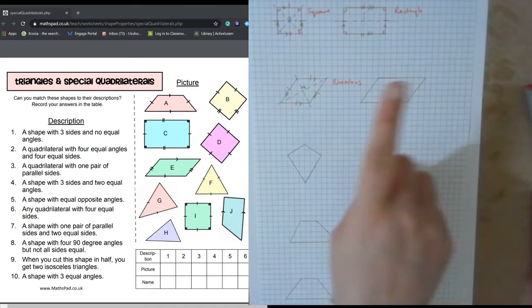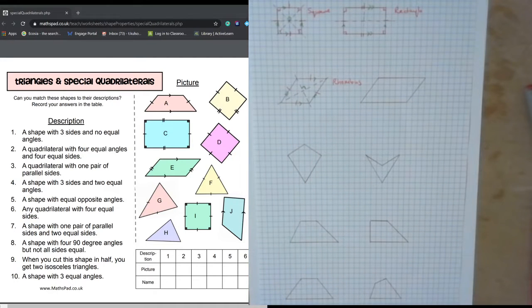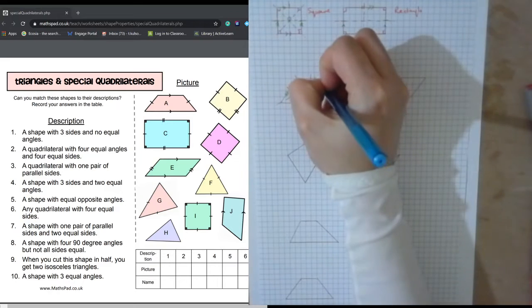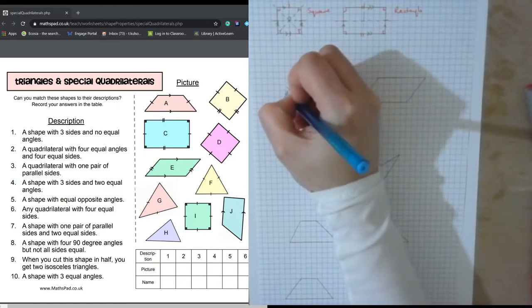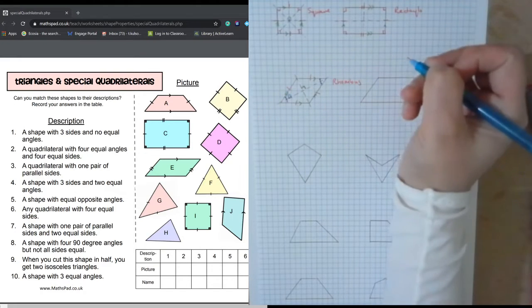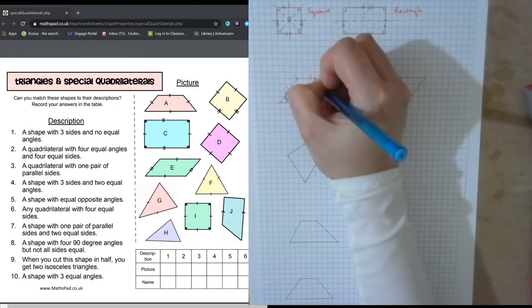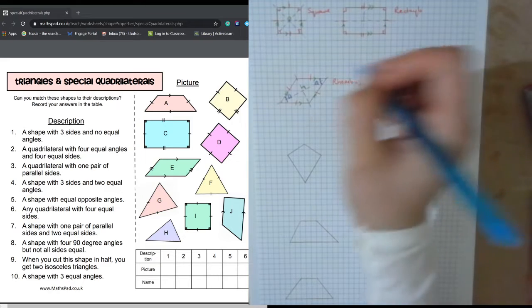Oh, there is one more thing about this fabulous thing. Does anyone know what that would be? I ponder. Bonus points to anyone that knows this. So when it comes to a rhombus, the opposite angles are equal. So if that was angle A, then that means this is also angle A. Okay?